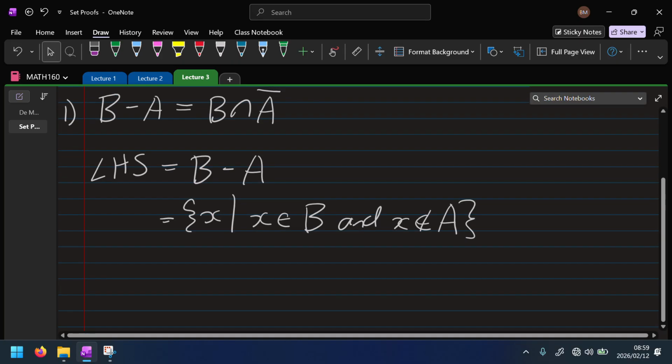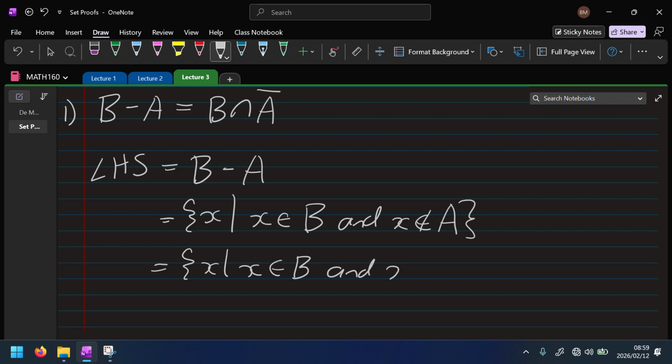Exactly. Does everyone see that? X is not an element of A means X is an element of A complement. Okay. That was like one of the very first things we did in the lecture.